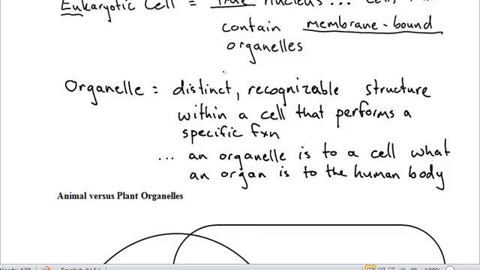And just to quickly overview the organelles of plants and animals, we're going to compare and contrast what's found in an animal, what's found in a plant, and what's found in both. And I find it easiest to work from sort of the inside out.